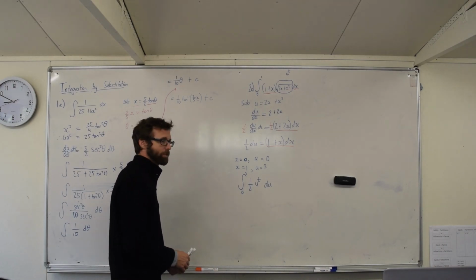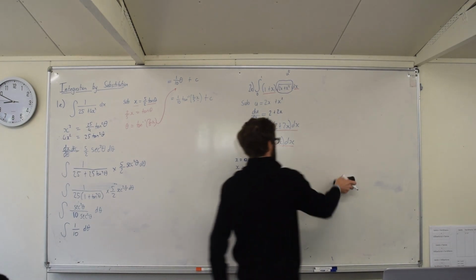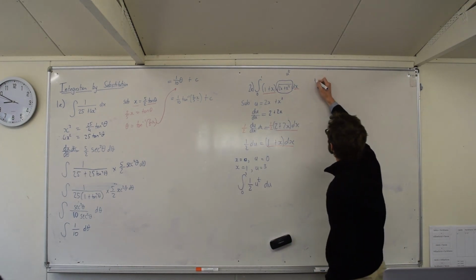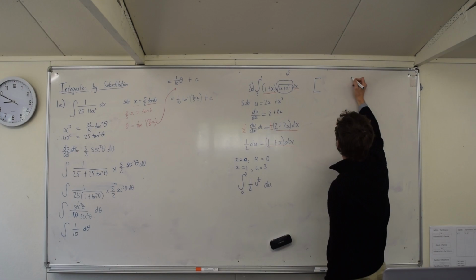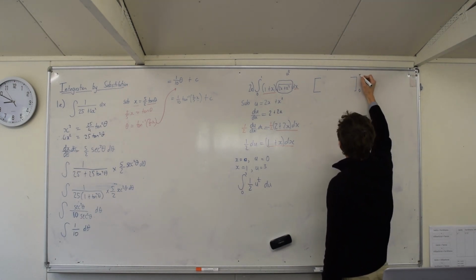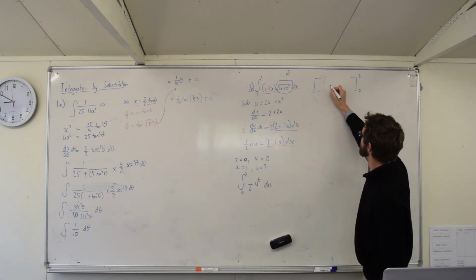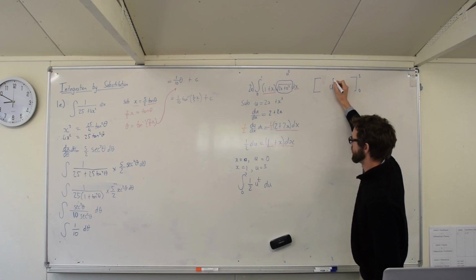Alright, now we need to integrate. So, we could probably use our brackets at this point. Okay, we raise the power, so it's going to become u to the power of 3 over 2.